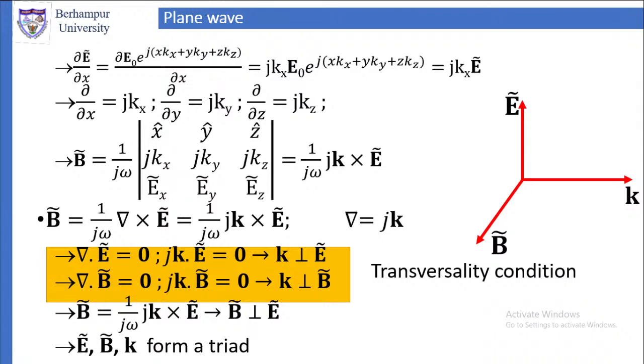They can be along any axis. So k can be along x, y or z. Similarly, E tilde can be along x, y or z, or B tilde can be along x, y or z, but they have to be along one of the axes, and they must satisfy this transversality condition. E tilde and B tilde must be perpendicular to each other. They must be in one plane. So, okay, next.